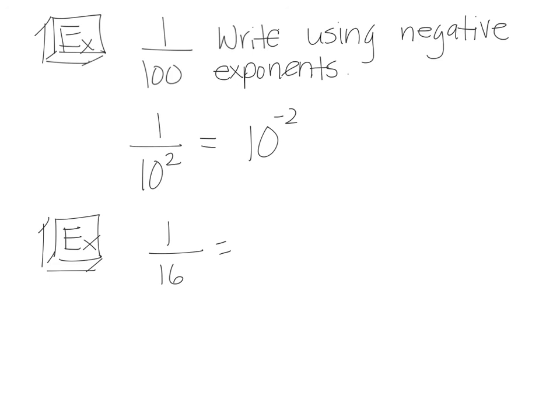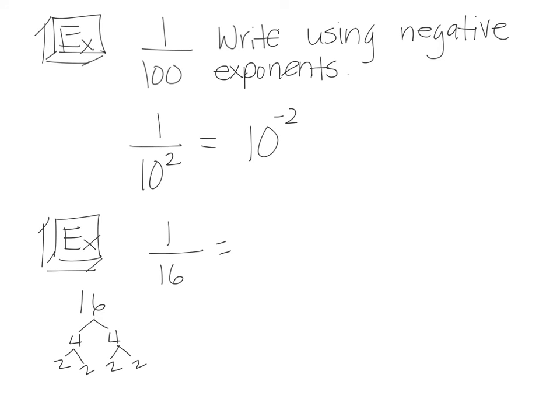So 16, how many 2's does it require to be a 16? Well, if I had to break this down and do our prime factorization, I would do 4 and 4, and then it would break down to 2 and 2, 2 and 2. You can do this with any set. Just go to the side and break it down and see how many multiples of that particular number you're going to have.